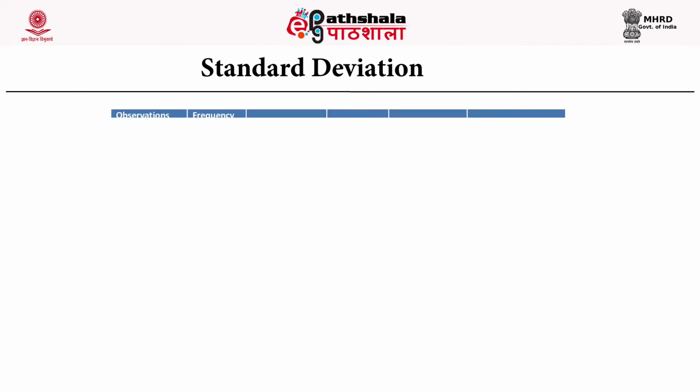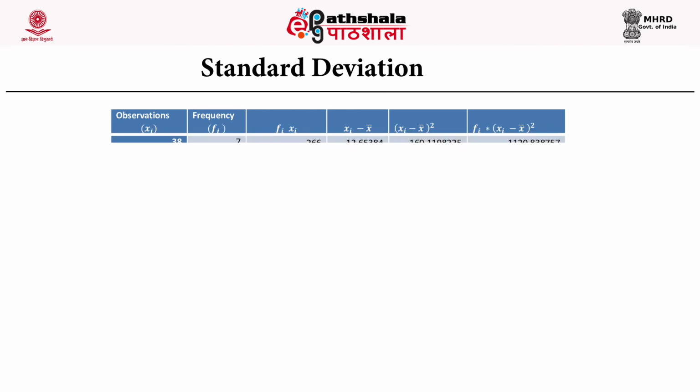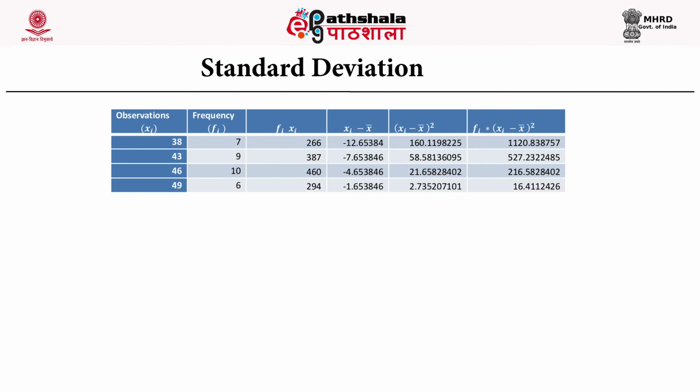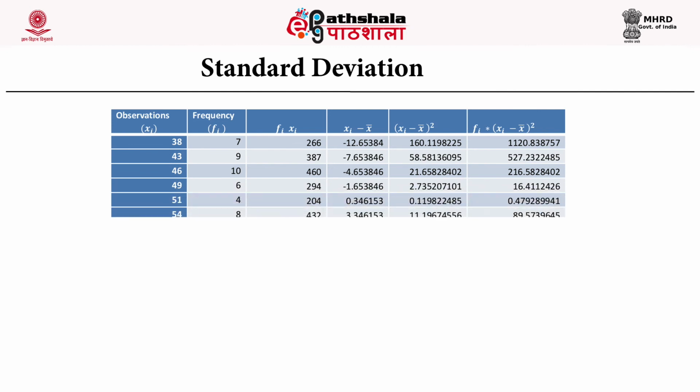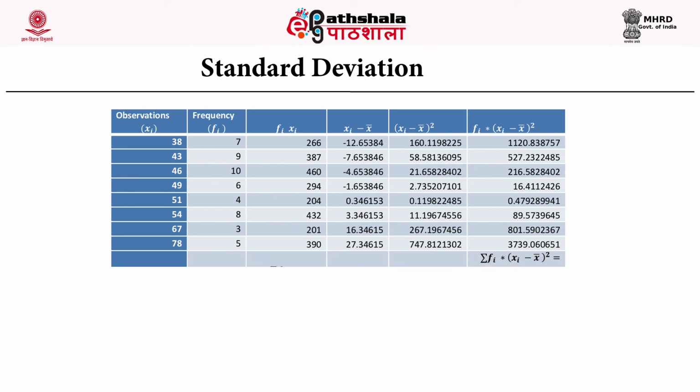From table 5, in the first column we have observations and the corresponding frequencies are given in the second column. First we evaluate the product of fi xi, and in the fourth column we have the difference of the observations from the mean value. After taking the square, the values are shown in column 5, and after multiplying by the corresponding frequencies we get the values shown in column 6.